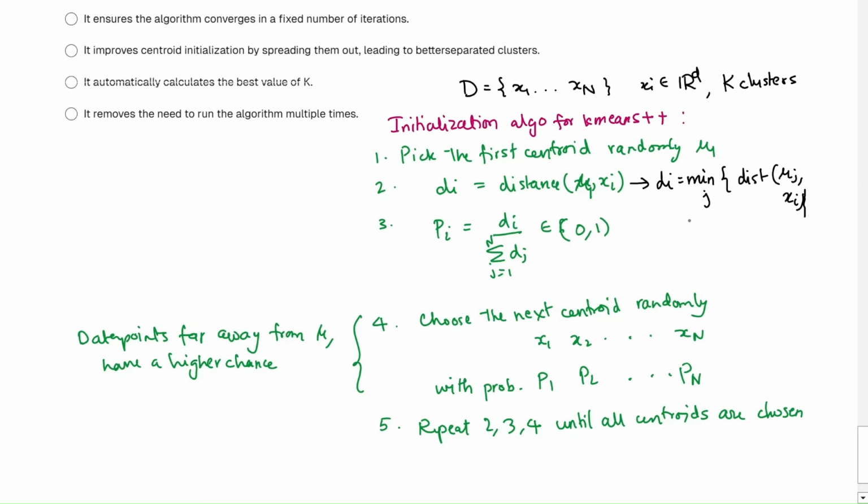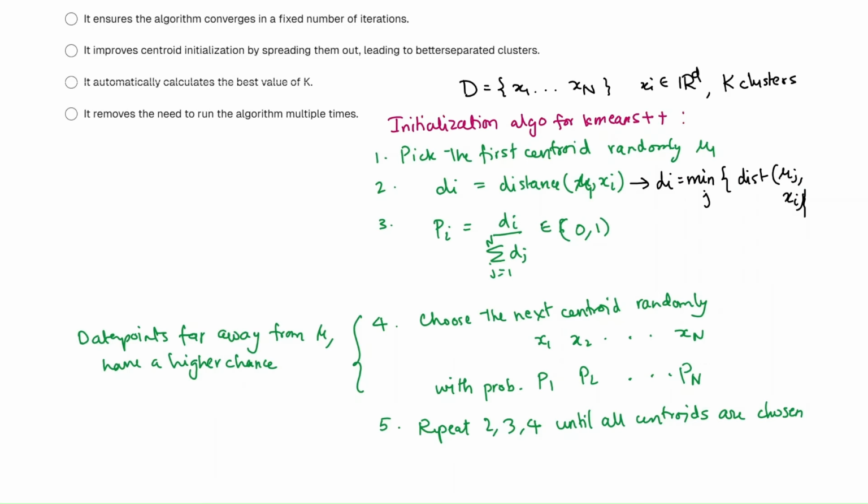So basically di measures the distance of the data point xi from its very closest centroid. Whatever is the closest centroid, from that, what is the distance, right? So data points which are very far away from all the centroids will have a higher chance of being selected as the next centroid.